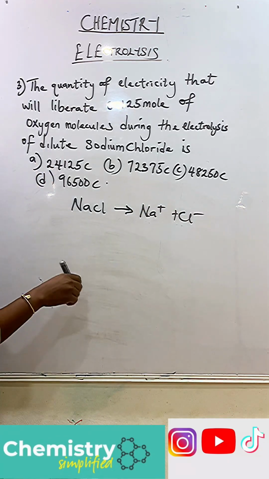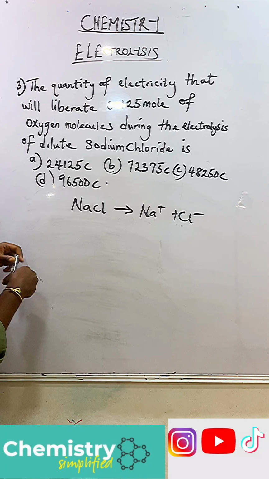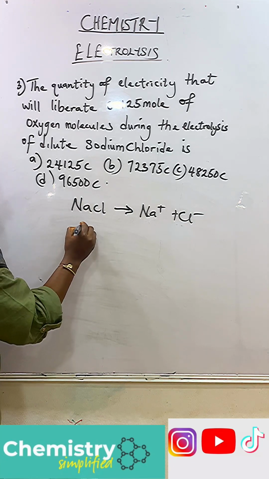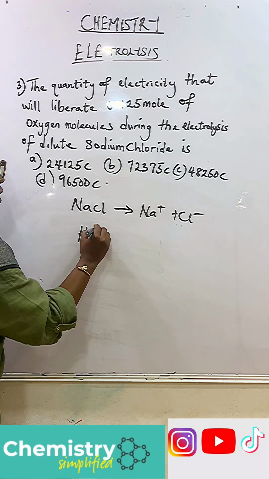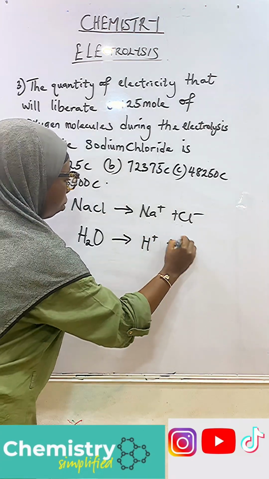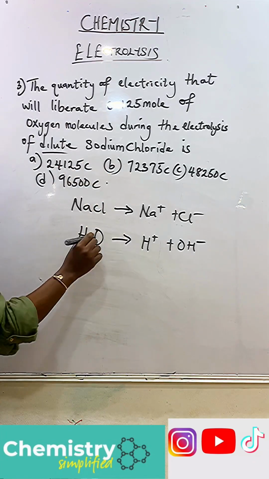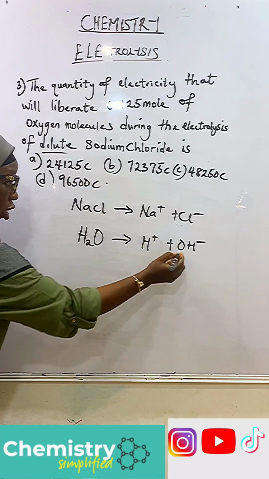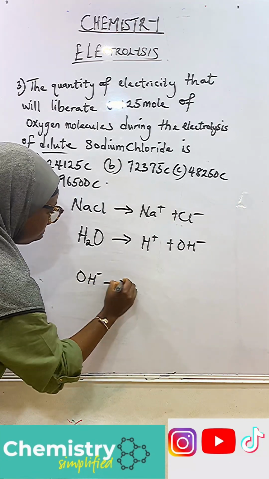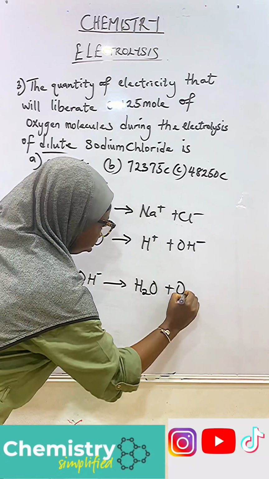Then in that same electrolysis, we will also have H2O, which breaks down to H plus and OH minus, because they said dilute. Now from here, I'm not after hydrogen, I'm after OH minus. My OH minus will give me H2O plus O2.